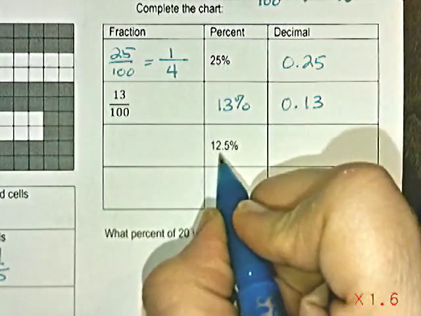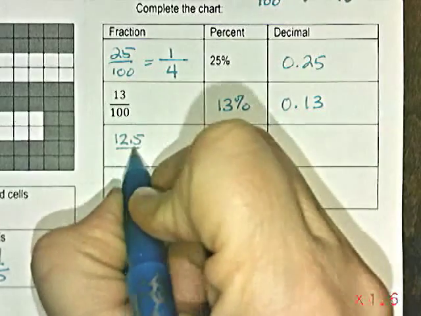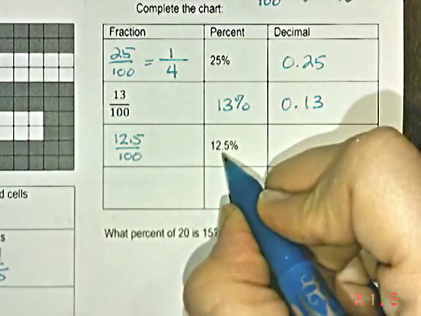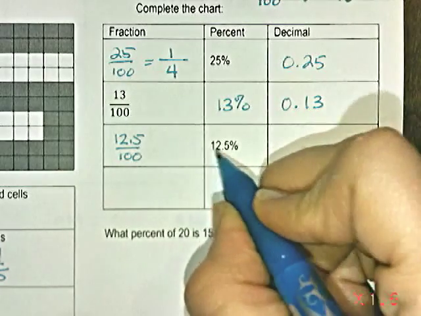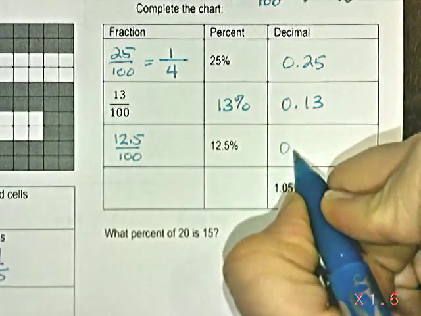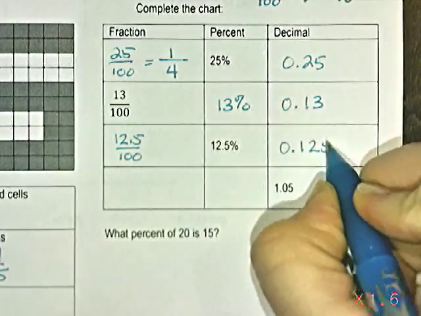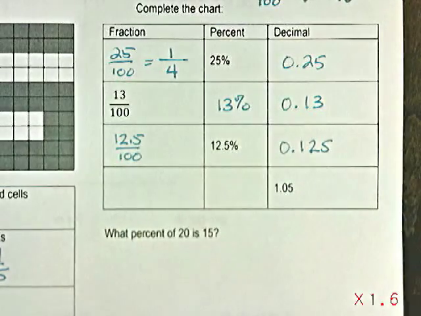If we had 12.5%, we saw earlier that that would be 12.5 out of 100, and as a percent, changing to a decimal, we would move the decimal 2 places to the left or divide by 100 to get 0.125, with the 2 landing in that hundredths column.